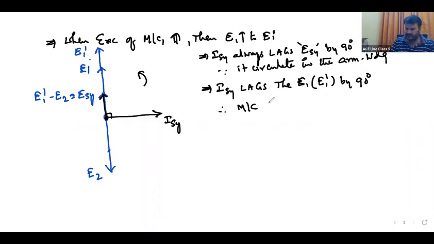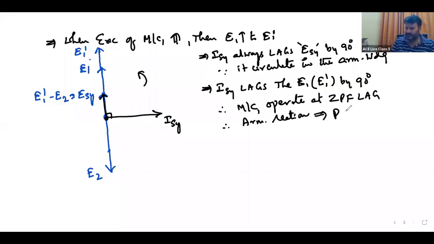Therefore, machine 1 operates at ZPF lagging, and armature reaction in machine 1 is purely demagnetizing.